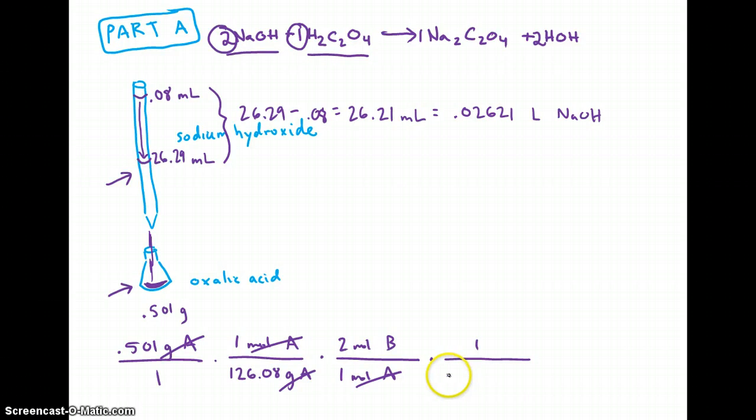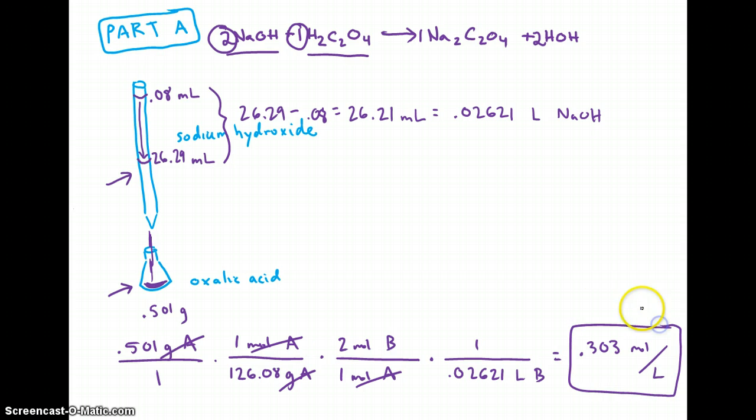So I'm going to put 1 over 0.02621 liters of the base. So now in the numerator, I have moles of base. In the denominator, I have liters of base. And if I calculate this out in my calculator, I will get 0.303 moles per liter. And that is us standardizing sodium hydroxide.